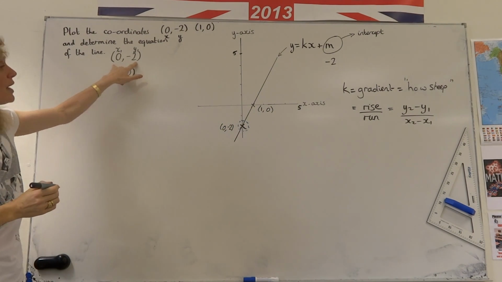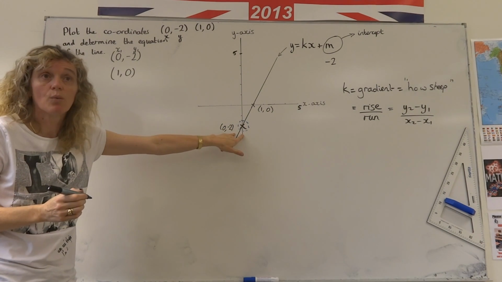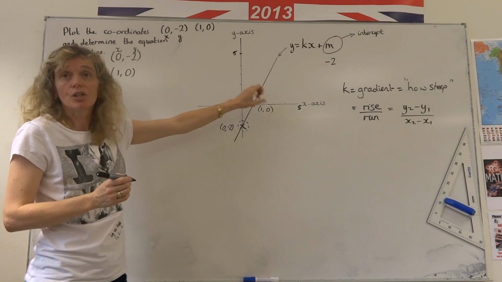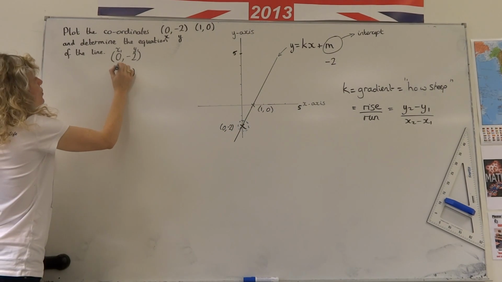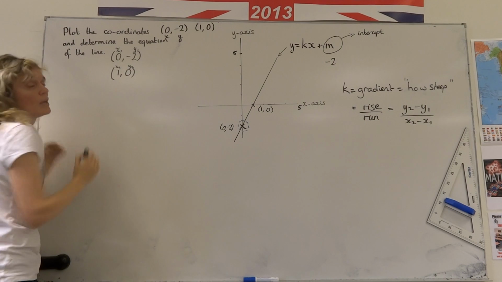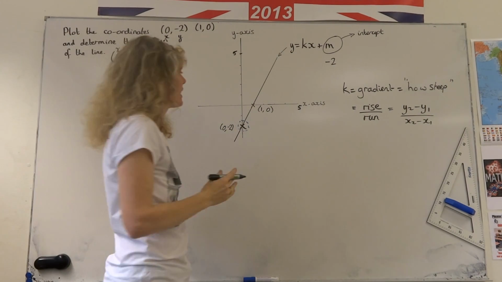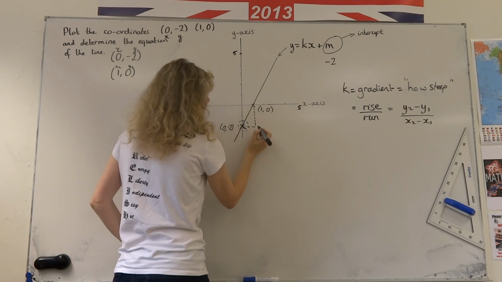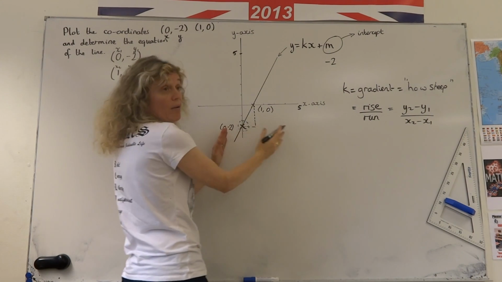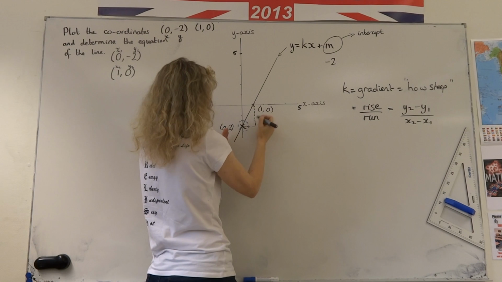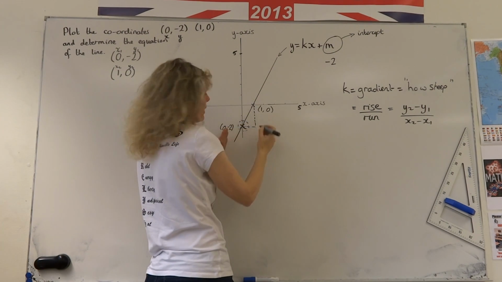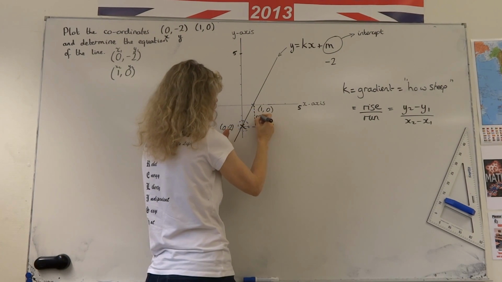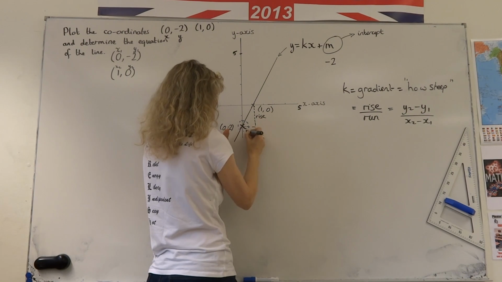So our first coordinates are x1 and y1, and our second coordinates are x2 and y2. Basically, we're trying to find out how steep this line is. And it wouldn't matter where I took it, if I decided to take this point or even this point up here. So this is the rise and this is the run.